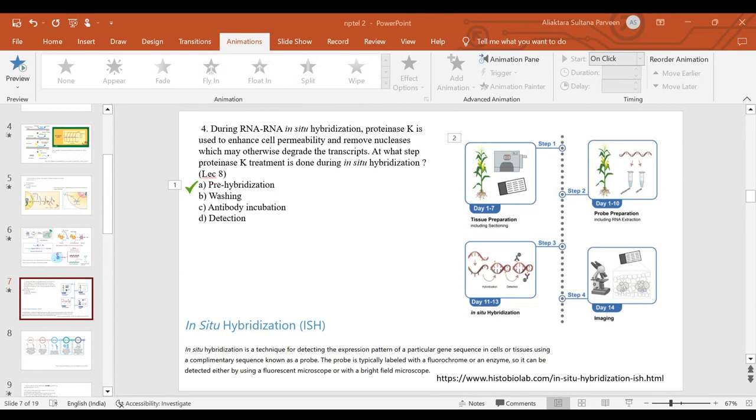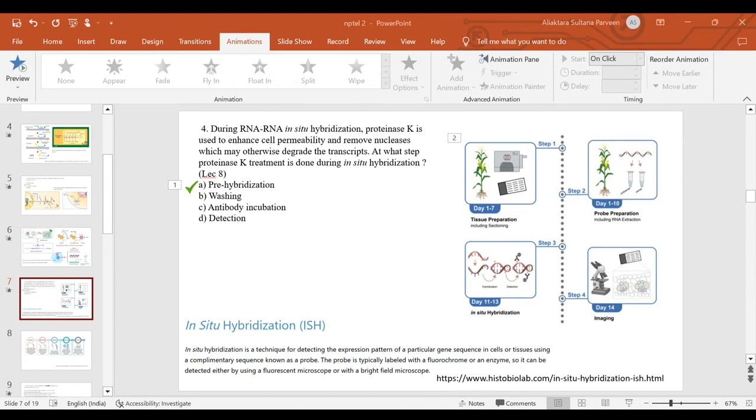But here, in a specific tissue, you find exactly in which position it is present. So it gives you spatial information, and can also give some temporal information. Spatial information is the positional information of a specific RNA in a tissue.